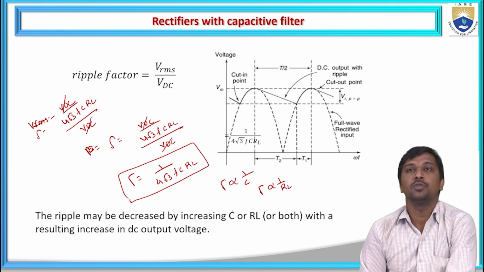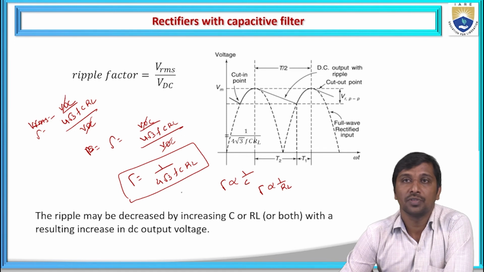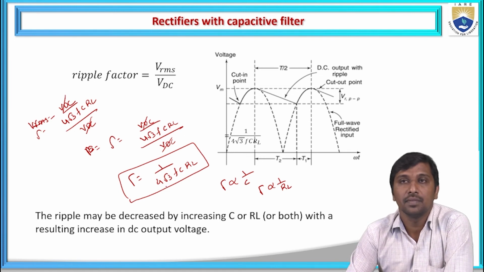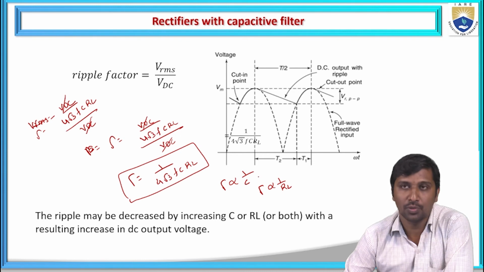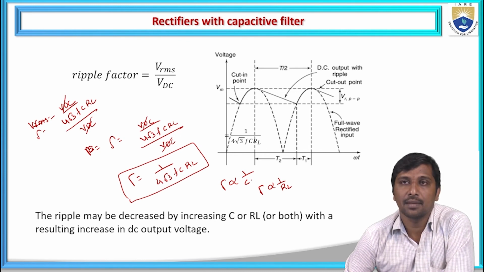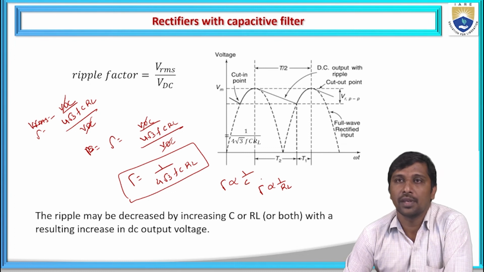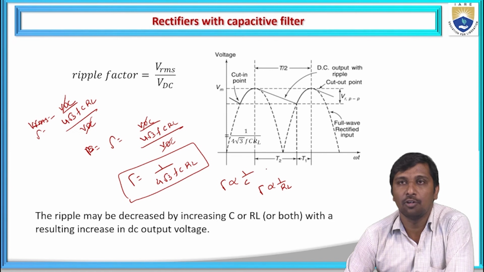This means that if you want to reduce more of the ripples from the rectifier output, either the capacitance or the load resistance should be very large.